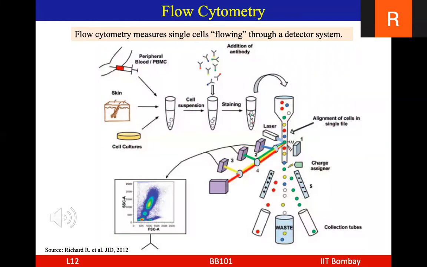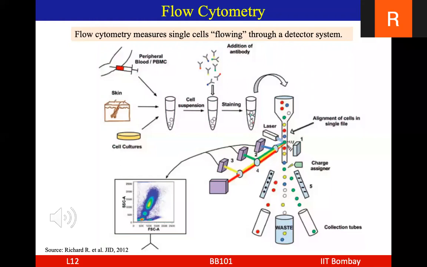You take the blood in a tube, and in this tube you add certain antibodies which are labeled with a fluorophore, which are basically fluorescently labeled antibodies. Let us imagine you want to quantify the CD4 positive T cells. You take an anti-CD4 antibody labeled with a fluorophore and add it to the cell suspension. These antibodies will go and sit on top of the CD4 antigen.